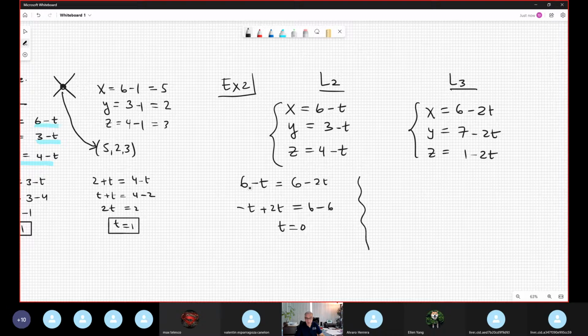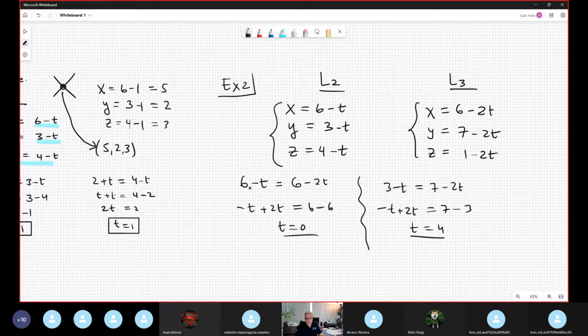You take now another case: 3 minus t equals 7 minus 2t. Minus t stays here, plus 2t equals 7 minus 3. This is t equals 4, a completely different value.